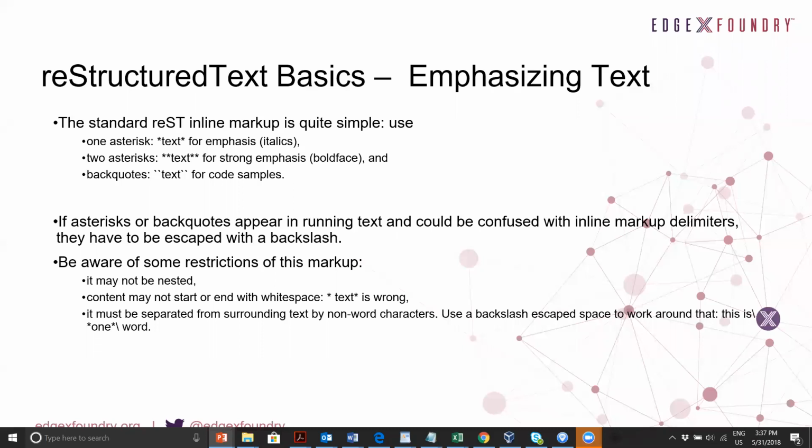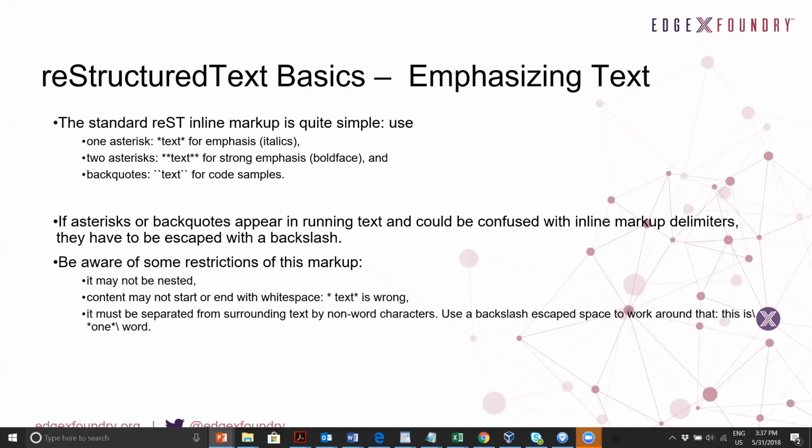So a single asterisk around a piece of text with a closing asterisk for italics. Two asterisks on either end of your text for making something bold. Or you can put two single backquotes to emphasize something as a code snippet.